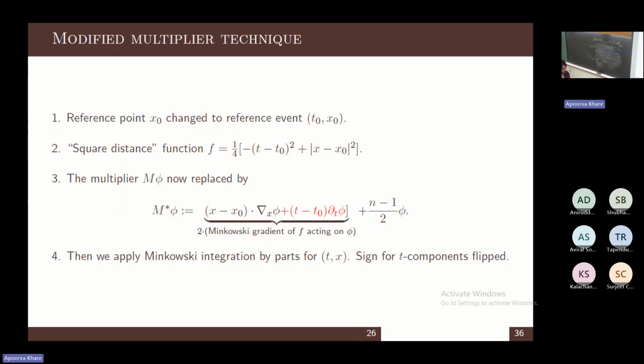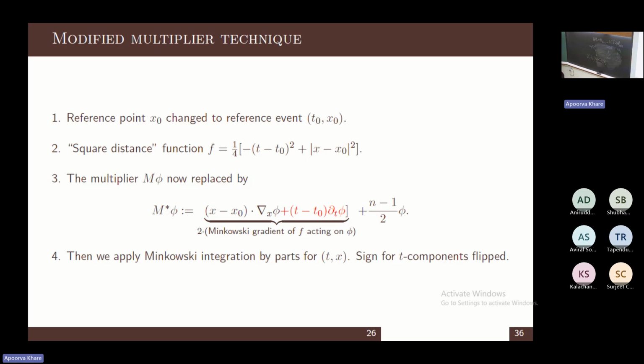So how do you modify this multiplier technique for the Minkowski case? You change the reference point x naught to the reference event t naught, x naught. The distance function that was there earlier was |x minus x naught| squared. Now it will be of this type, with some normalization factor you can ignore: the squared distance function corresponding to this metric.